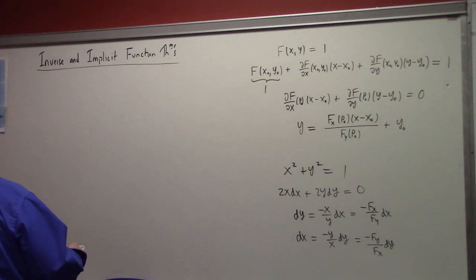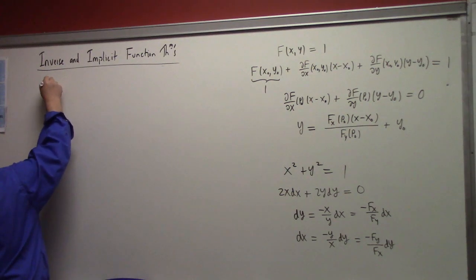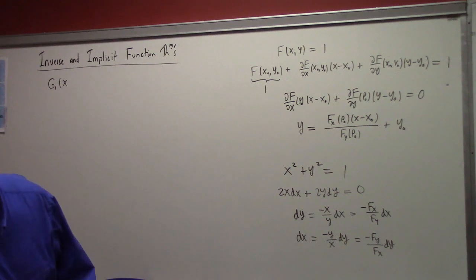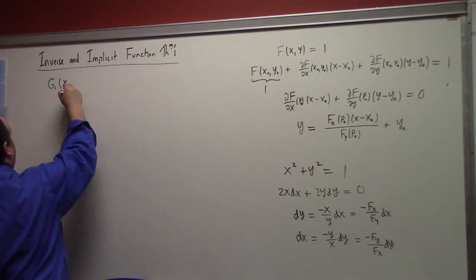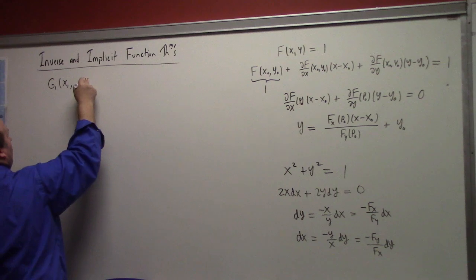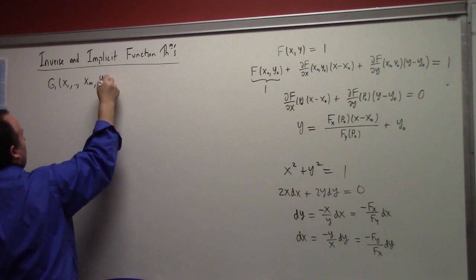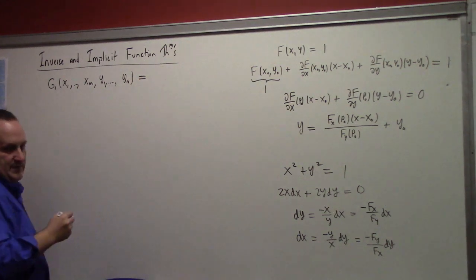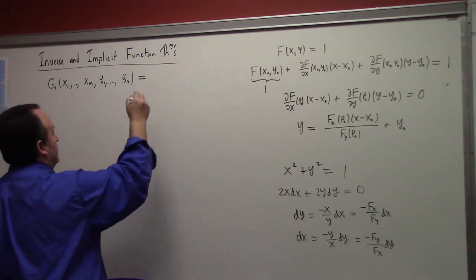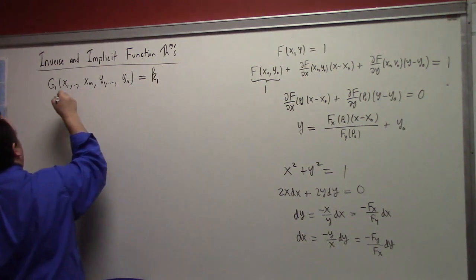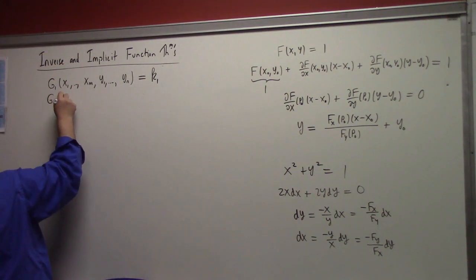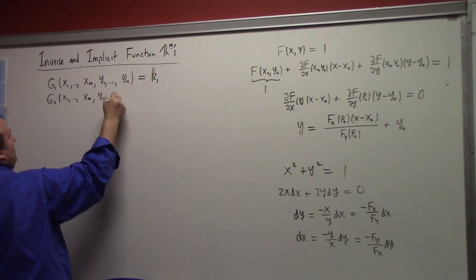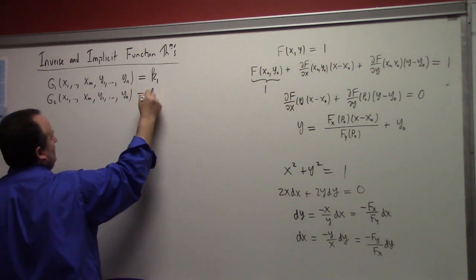For convenience of exposition, we suppose that we've got g1 of x1 through xm, y1 through yn, equal to, let's say, k1. And then g2 of x1 through xm, y1 through yn, equal to k2.